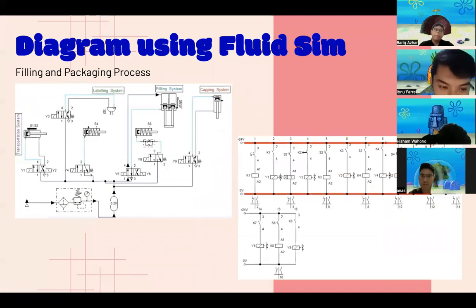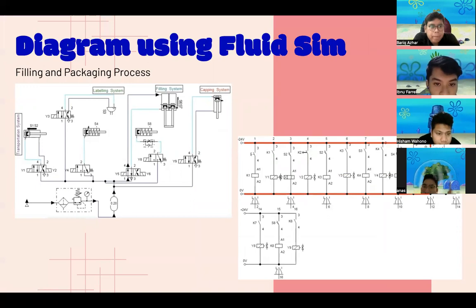So this is the fluid simulation of the filling and packaging process. As you can see on the left image, it uses a pneumatic system for the transportation, the filling, and the capping or packaging.